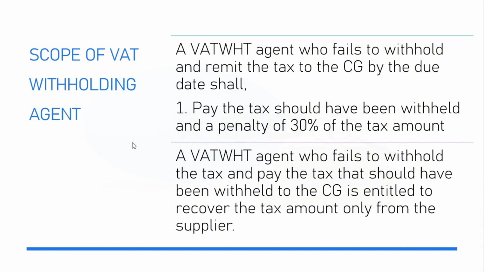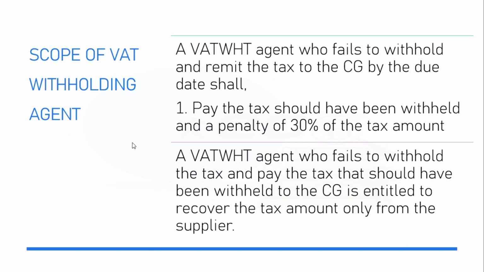What happens is, you can claim the tax that you failed to pay. So assuming you have supplied to Coca-Cola, or maybe someone has supplied, you are Coca-Cola accountant. Someone has supplied a taxable supply to you. You failed to withhold. When GRA comes, or GRA notices that you failed to withhold, you pay a penalty of 30% of that, and then you also pay the tax itself that you failed to withhold.